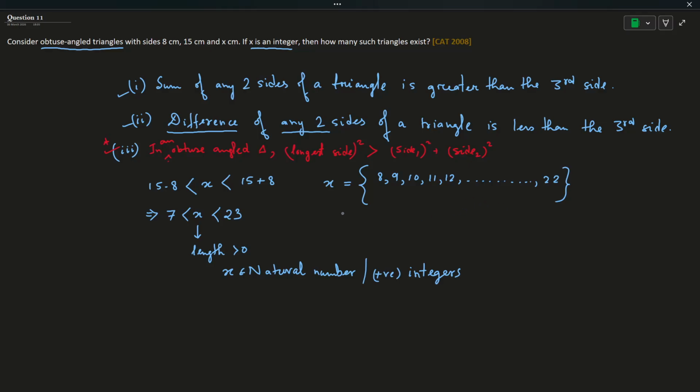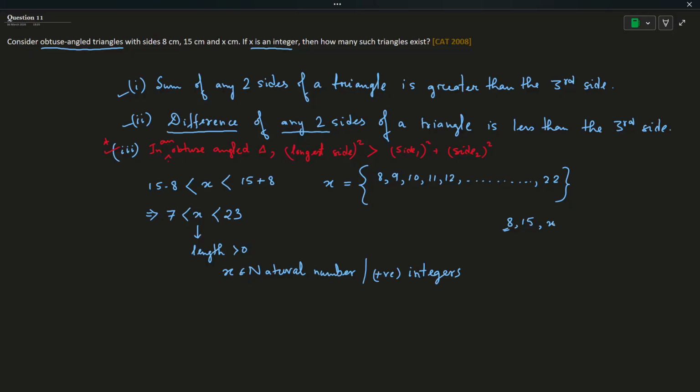Now guys, we have the sides 8, 15, x. Out of this, definitely 8 cannot be the longest side because we already have 15, which is greater than 8. Also, x can be greater than 15, because x can be 17, 18, 19, 20, 21, 22.